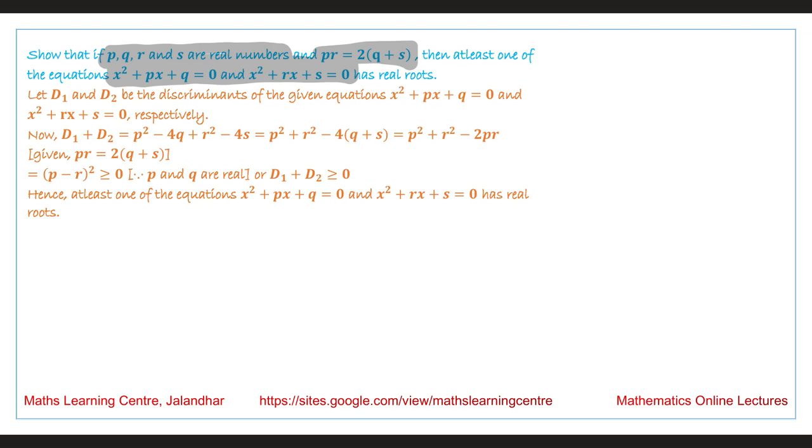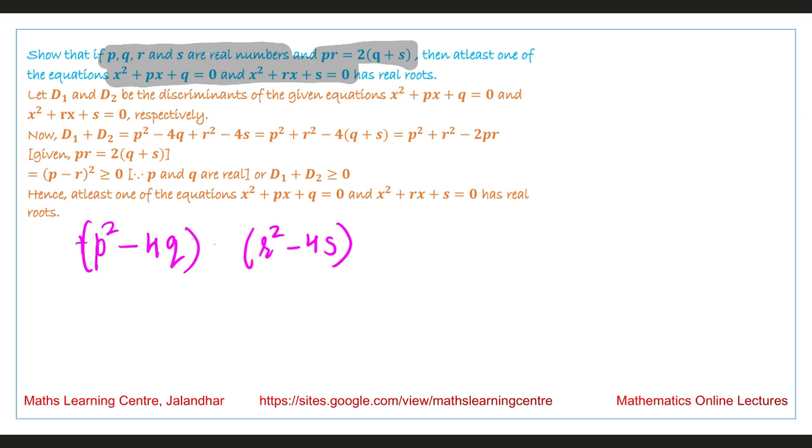So if we write the discriminant in both these cases, the discriminant in the first case is p squared minus 4q, and the discriminant in the second case is r squared minus 4s.